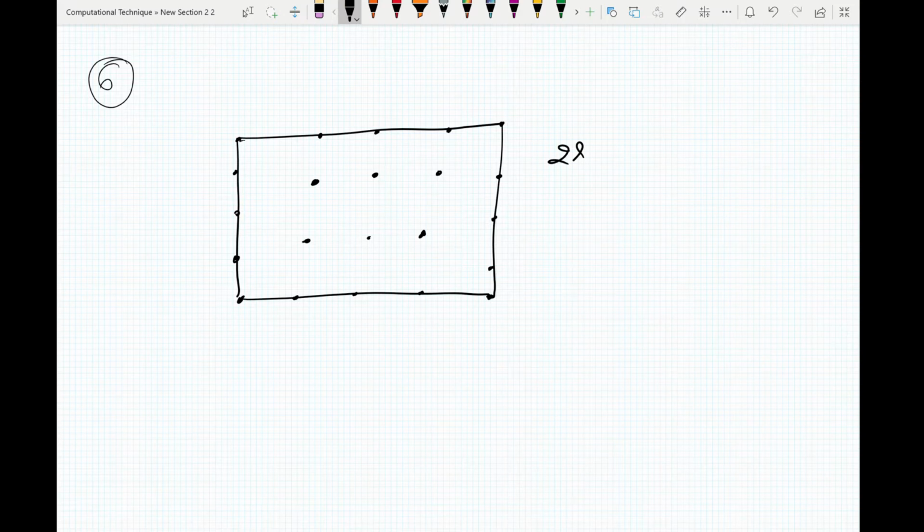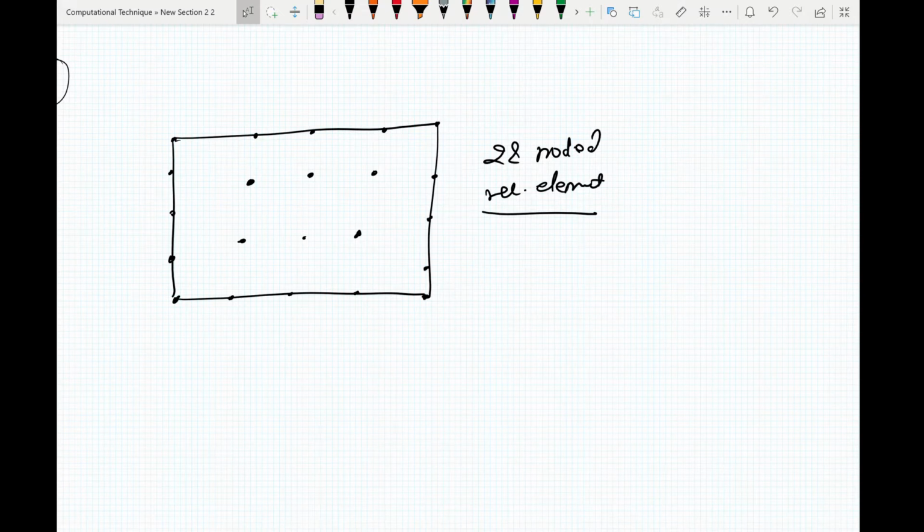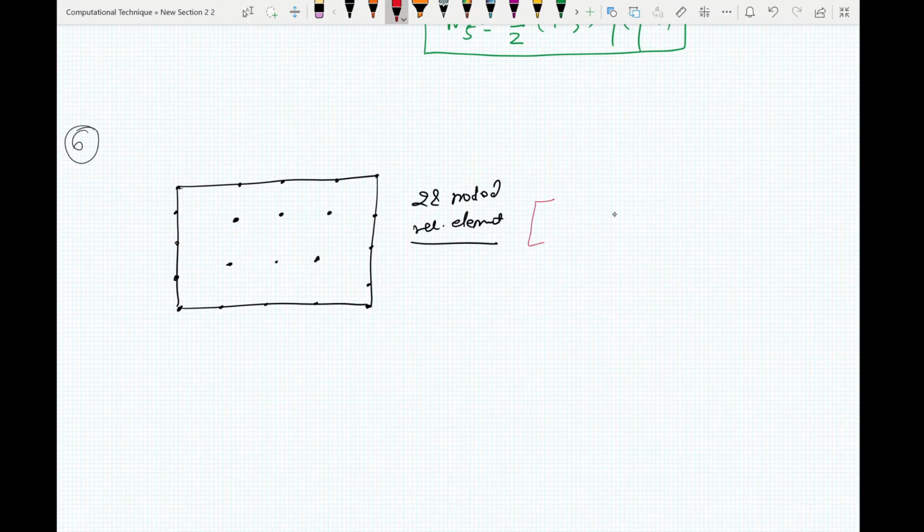So this is a 22-noded rectangular element. Now for this case, your elemental matrix will be of 22 by 22. Now when you combine these elements in a structure, then you can get a very large stiffness matrix, which may be million by million.